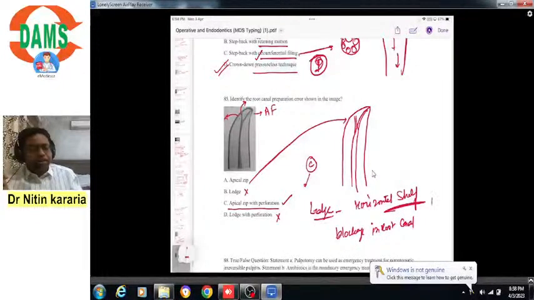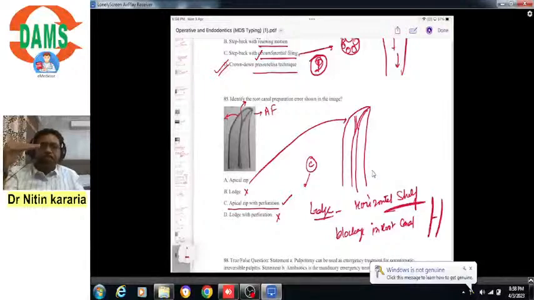This is known as ledge. Ledge formation means a horizontal extension. So from one wall of the root canal there is a horizontal extension which is preventing the access to the apical extent of the root canal.